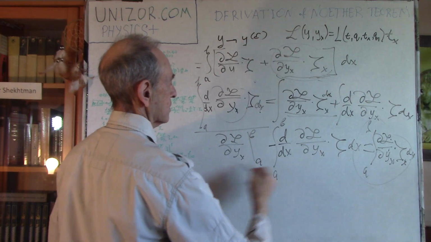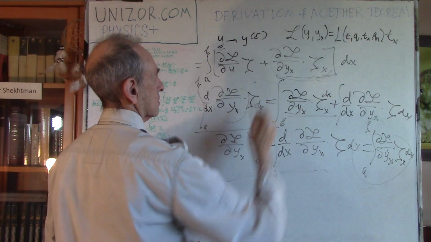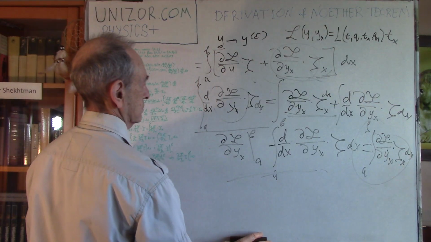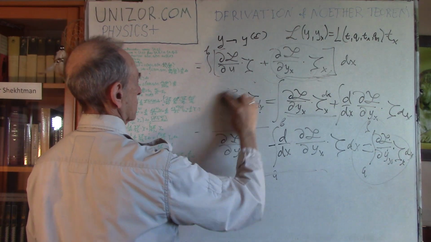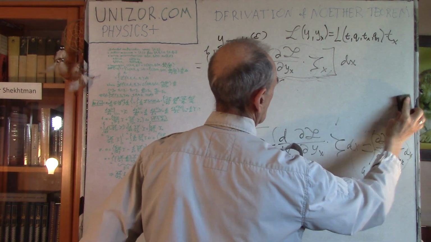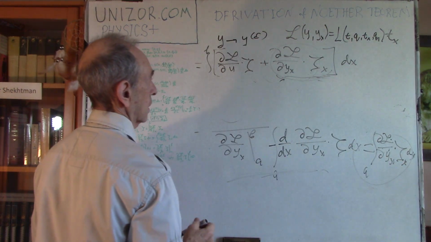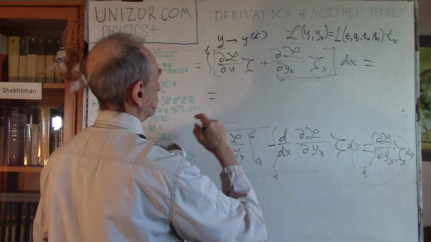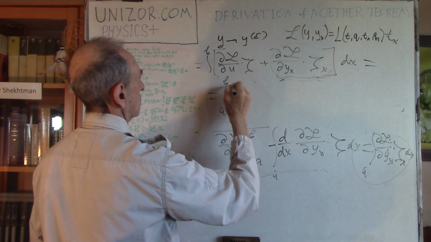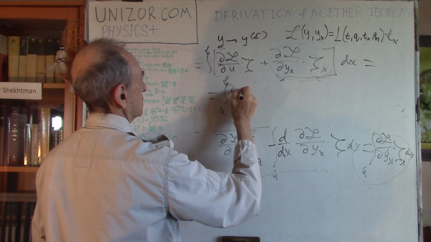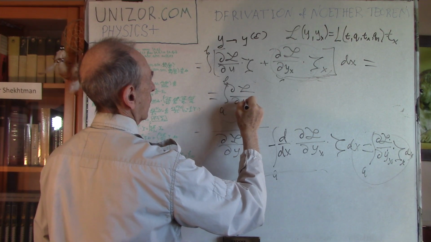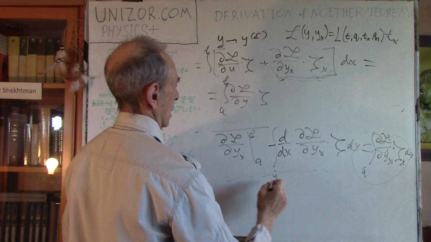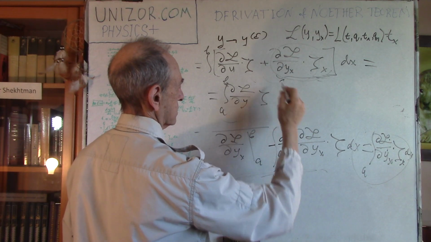So I would like to substitute this instead of this. So what happens? Okay, I can type out this. So this thing is equal to the integral from a to b of dl by dy times zeta, plus this one.